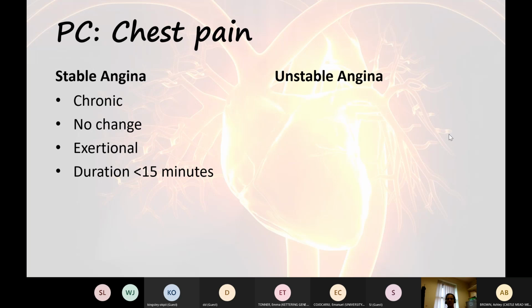So if you were working in a non-cardiology setting, so you were in a clinic in gastroenterology, or you were working in a general practice, when would you decide that unstable angina needs an emergency referral? So you phone an ambulance for the patient or get them sent straight to hospital.